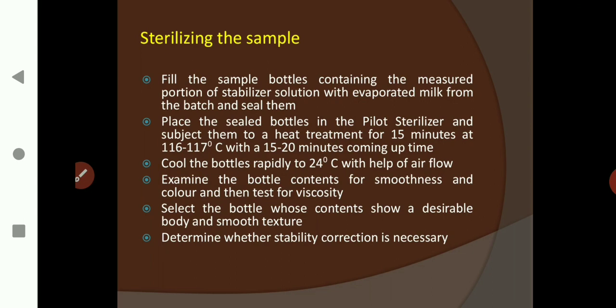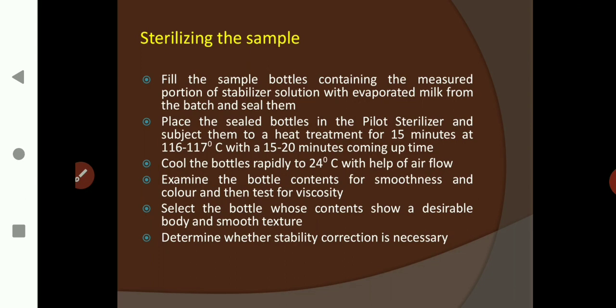The cans are filled, and stabilizing salts are added at different concentration. Then they are sealed and sterilized in an autoclave. And time temperature combination should be the same as that of your final sterilization, that is 116 to 118 degrees Celsius for 15 minutes.